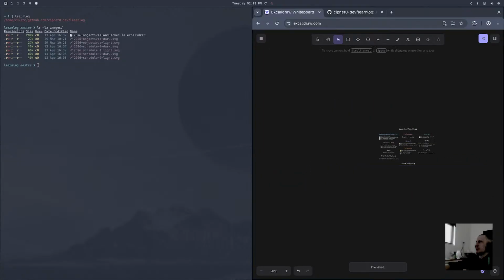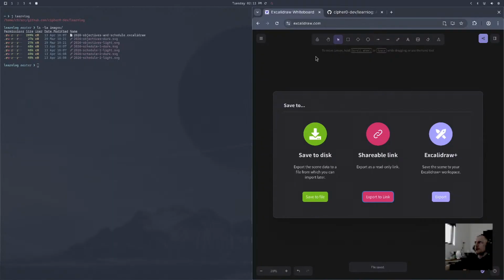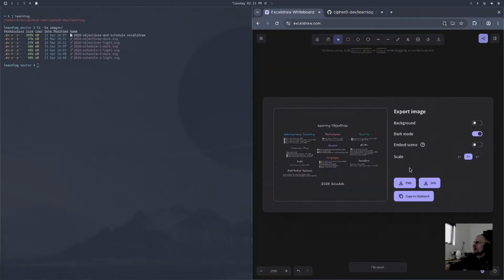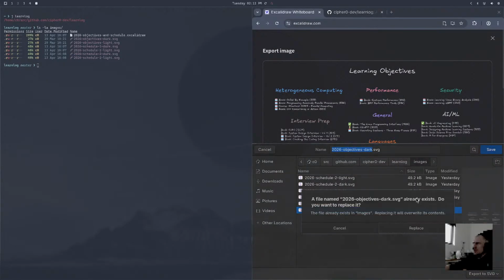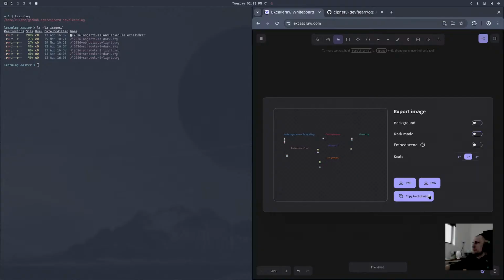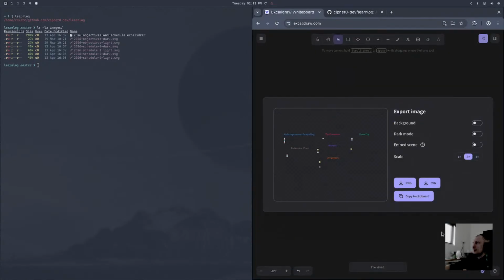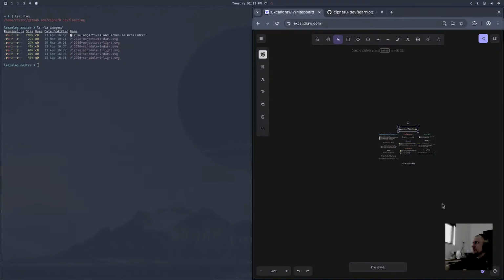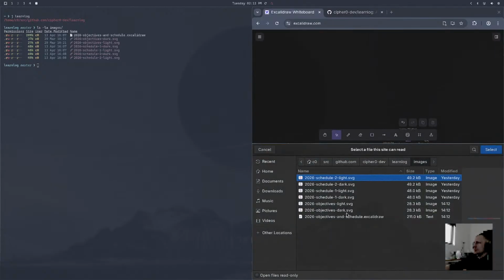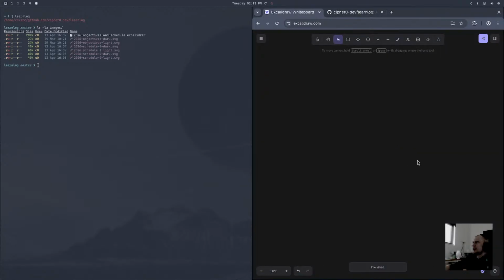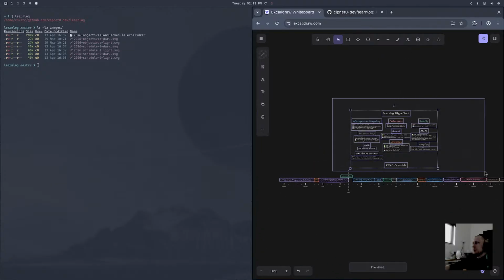We'll bring it back later and say, hey, I'm gonna save to, export image, dark mode, SVG, this will be objectives dark, replace, disable, SVG, objectives light, replace, and then we'll undo, oops, can't undo that, so now we say open again, load from file, this, zoom out, oop, went all the way down here.